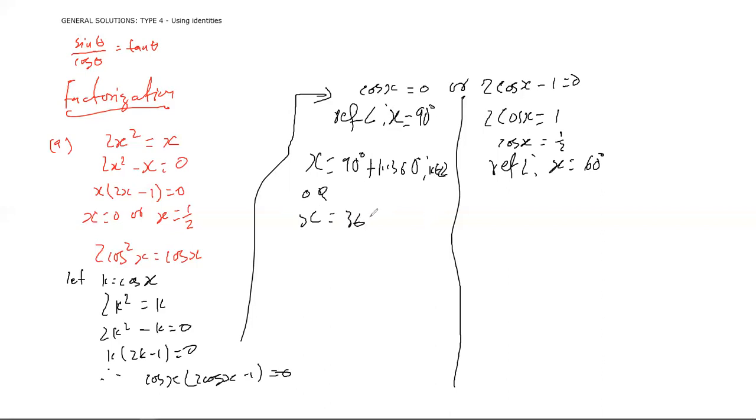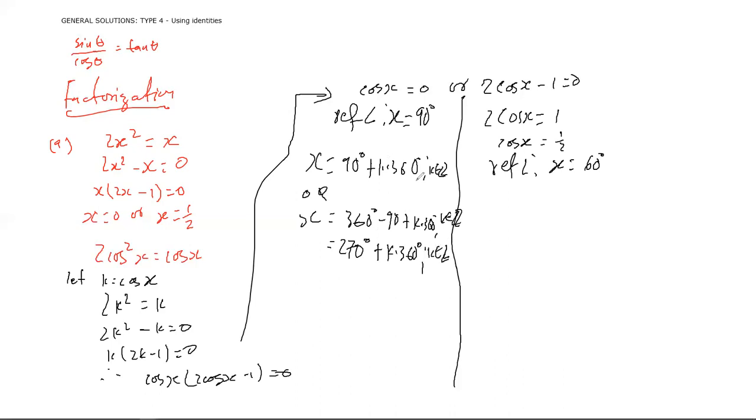So you say 360 minus your reference angle of 90, plus k times 360, where k is an integer. And 360 minus 90 is 270, plus k times 360, and k is an integer.